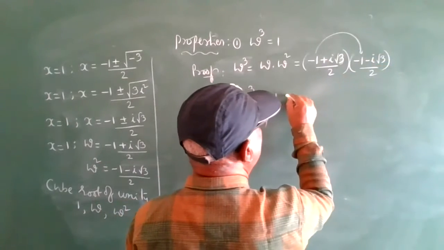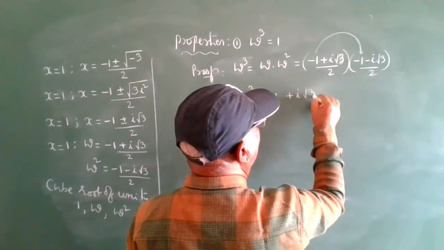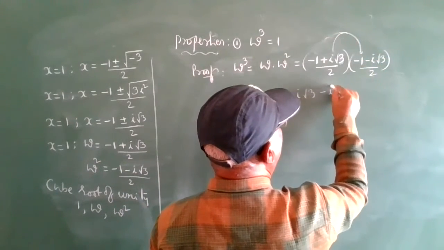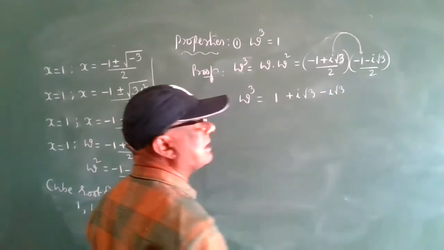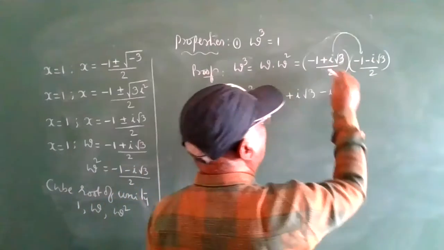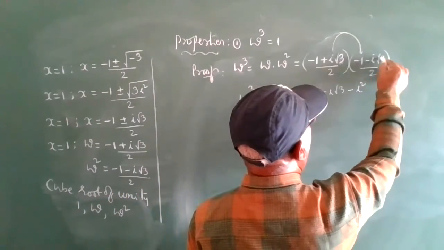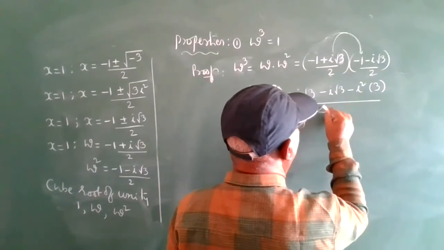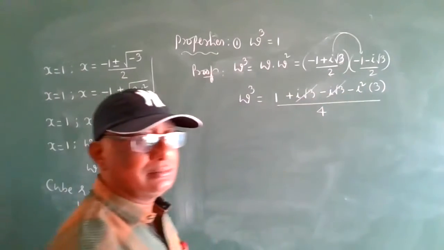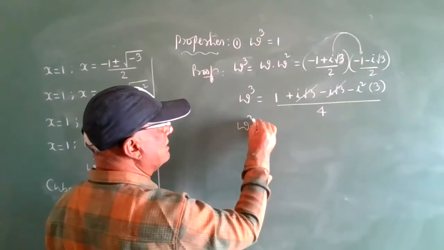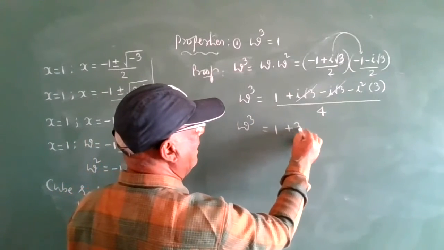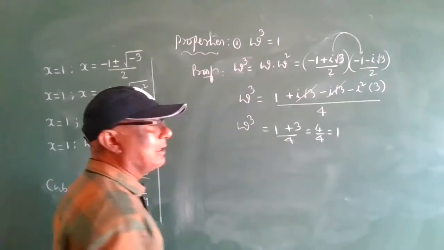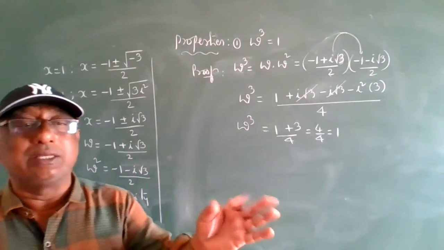Minus 1 into minus i root 3 is plus i root 3. Next, i root 3 into minus 1 is minus i root 3. Minus i root 3 into i root 3 gives 3, and 2 into 2 is 4. These two cancel. Omega cube is equal to 1 plus 3 by 4, so 4 cancels and its value is 1. Compulsorily, omega cube value is 1.